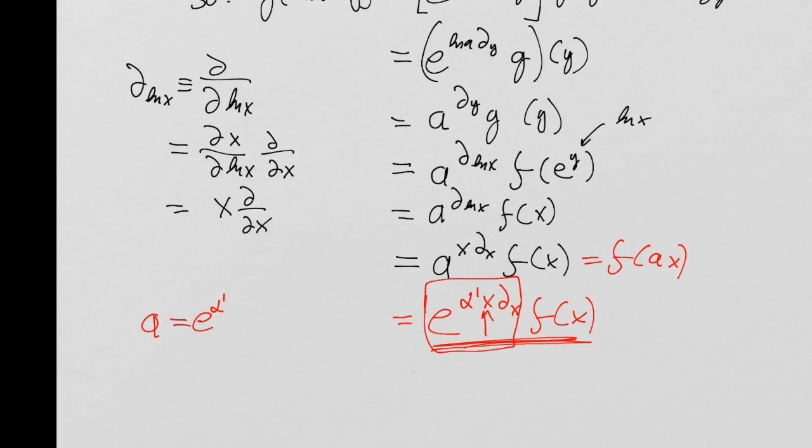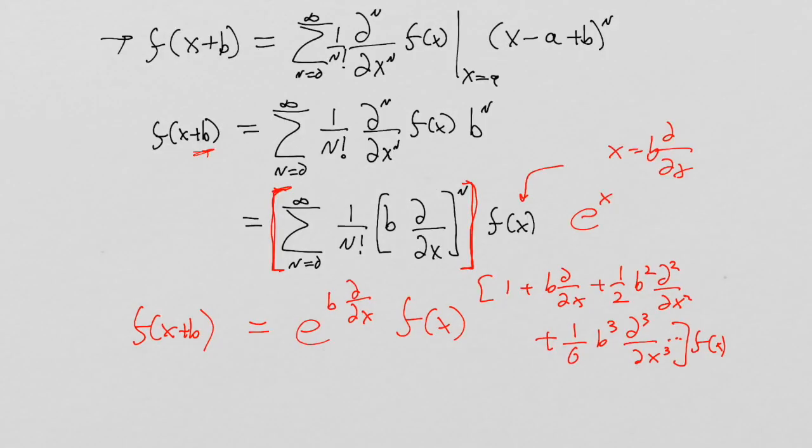So that's now not a shift, but the scaling. The scaling involves the same operator really, but you get this little x in there. And again, this ultimately is to be thought of as the sum from n equals 0 to infinity of alpha 1 x partial x, to the n over n factorial, like that.